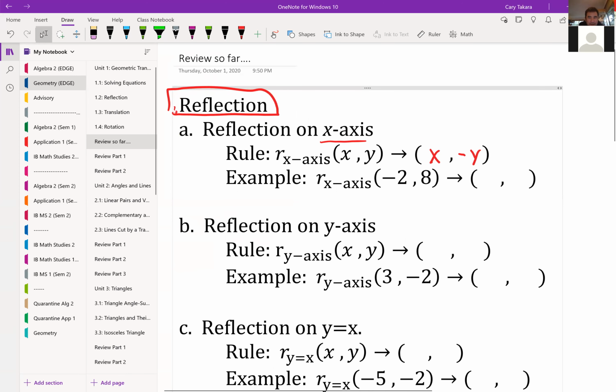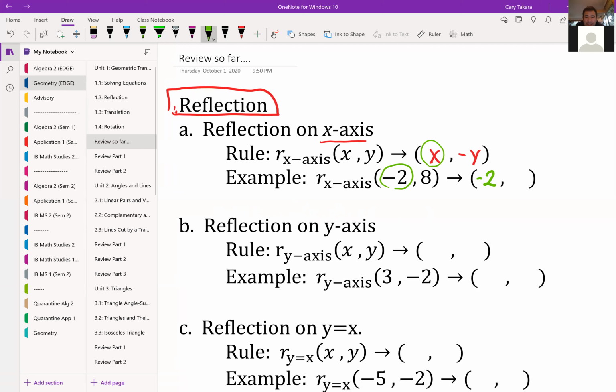So the reflection rule on the x-axis is x, y becomes x and negative y. So the first entry is going to be x, right? Let's do this one together. X is -2.